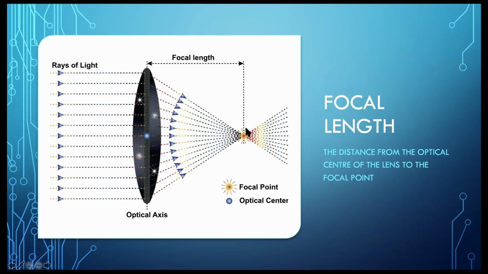Here's the horizontal focal point, what's called the principal axis. The optical axis is the vertical line. So the principal axis is the horizontal line, and the optical axis is the vertical line, and where they meet is the optical center.